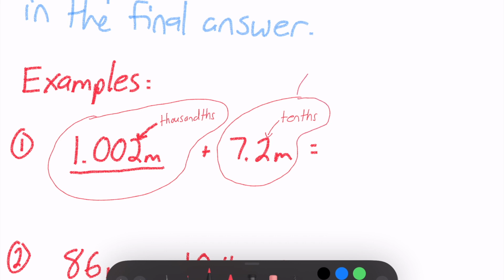So that is our least accurate measurement, and therefore we can only keep significance for our answer up to the tenths position.